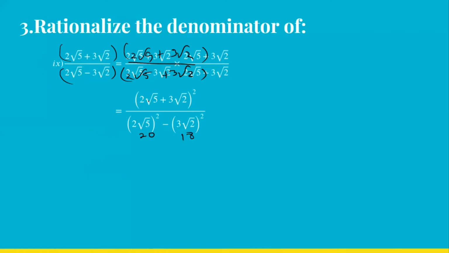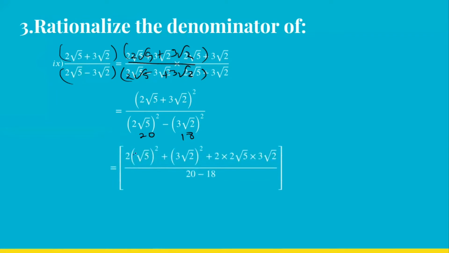And we expand this: a square plus b square plus 2ab. Doing that we get 2 root 5 the whole square plus 3 root 2 square plus 2ab, that is 2 into 2 root 5 into 3 root 2. The denominator is 20 minus 18, which is going to be 2.